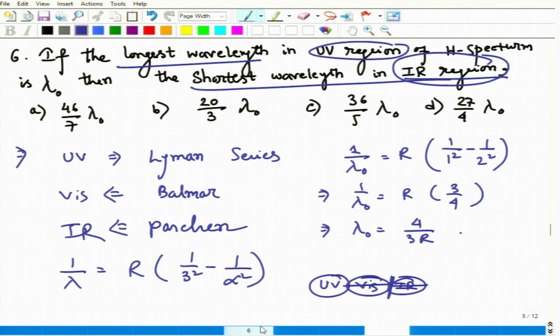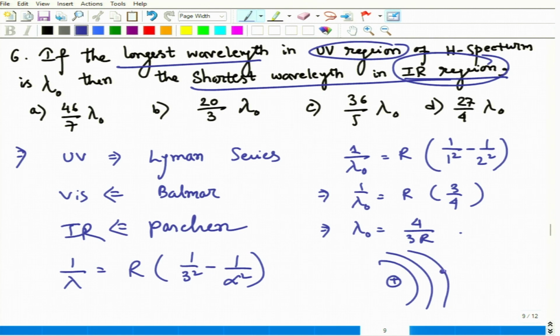Okay, one thing you should understand, that let us say this is n equals to 3, if it comes from n equal to 4, that also lies in the IR region, that is also Paschen series. If it is n equals to 4, 5 to 3, 6 to 3, 7 to 3, but when it comes from the infinity, that means that is the higher energy gap.